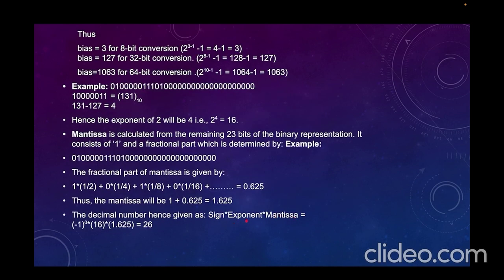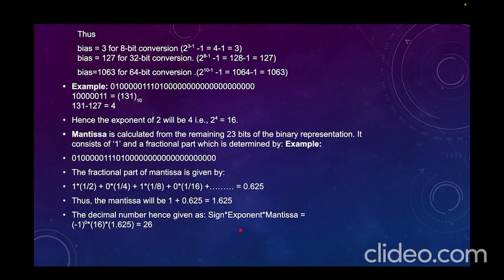The mantissa would come first, then the exponent, and then the sign. If you don't write the sign part, the number is considered positive, and the exponent can also be written in the base-to-a-power form, that is 2 raised to 4.